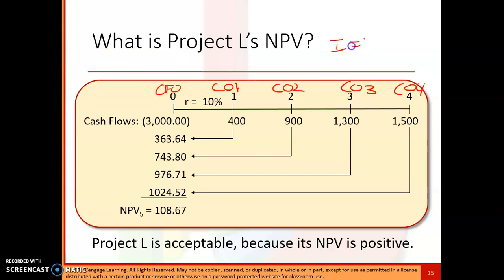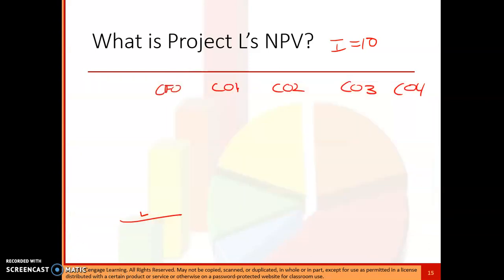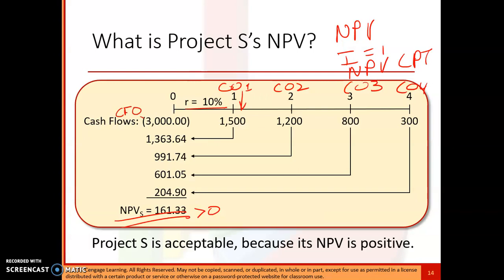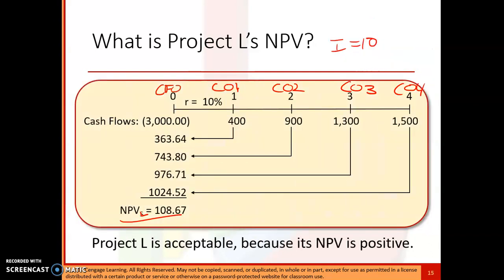Set I equal to 10%, and then go down to NPV and hit compute, and it's going to tell you that the NPV in this case for Project L is $108.67. So if we were picking between S and L, we would prefer Project S because the NPV is slightly higher, $161.33 versus $108.67.